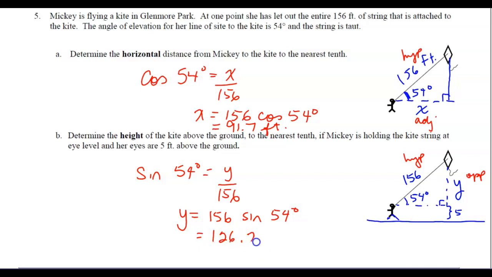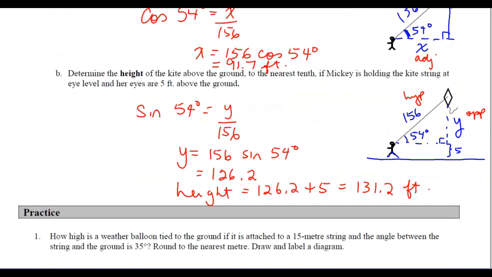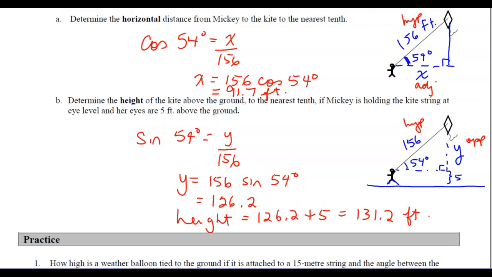So height will be 126.2 plus 5 is 131.2 feet. Okay, so that's the end. Then it's a practice. Let's go back and do that one that we didn't do.